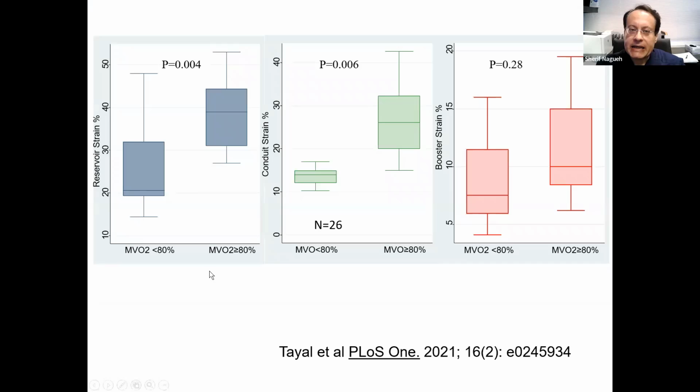More recently, atrial strain has been looked at, and I'm picking this particular study as a quick example, showing you that when the exercise tolerance, one of the exercise tolerance metrics, peak myocardial oxygen consumption, is reduced, the reservoir function of the left atrium is reduced, as is the conduit function, though there was not an apparent difference in the atrial pump function.